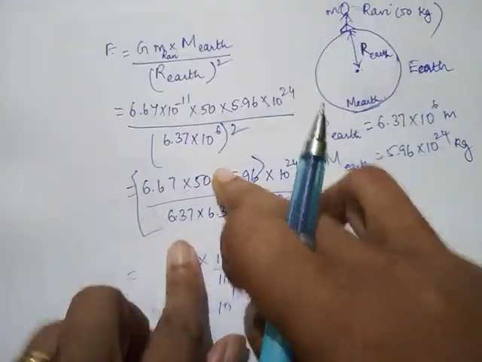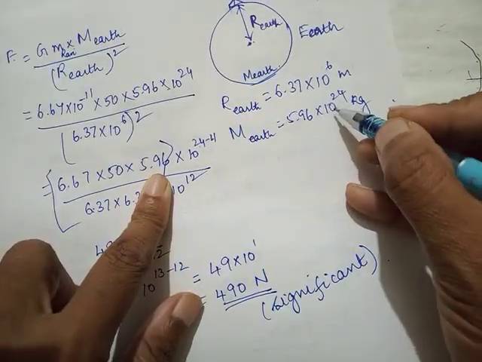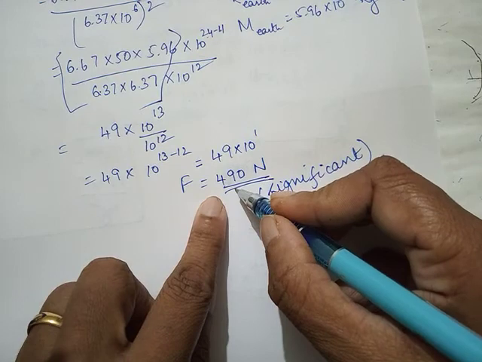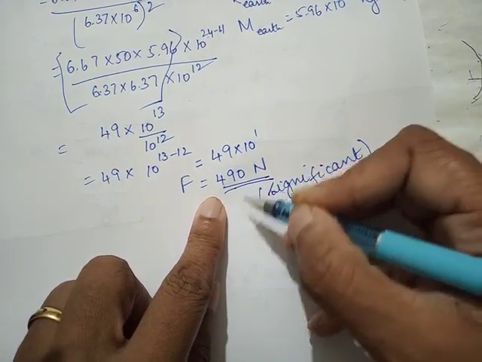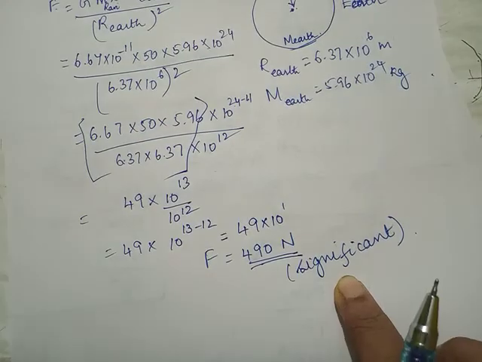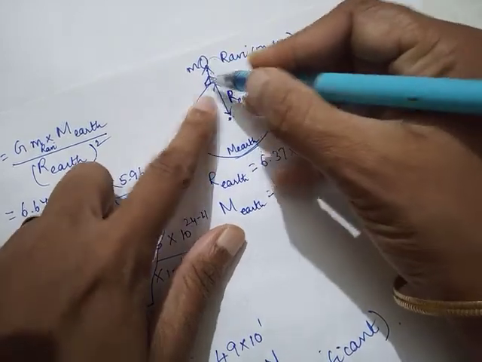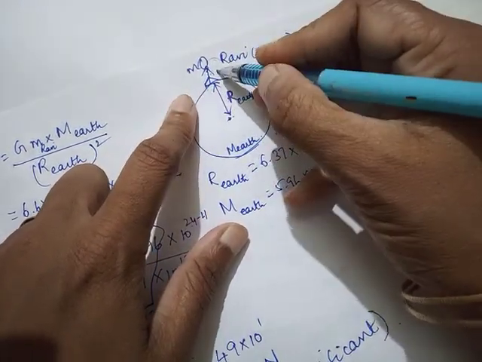But even if one of the bodies is a heavenly body, then because of its large mass, your answer will become a significant number, which you cannot avoid. So the conclusion is: force of attraction is insignificant between ordinary bodies, but it is significant between heavenly bodies. Now you have calculated, even if one heavenly body is there, it will be significant.